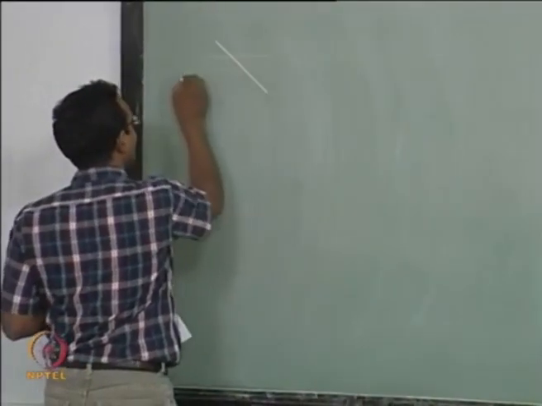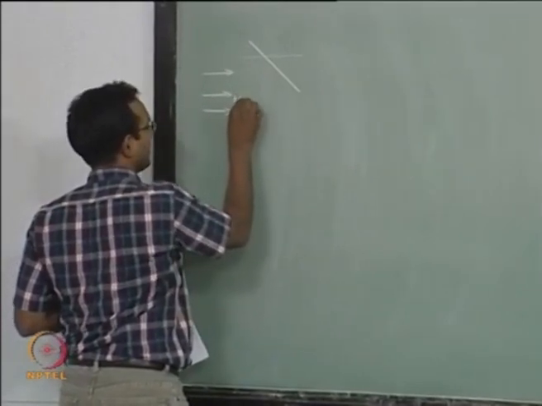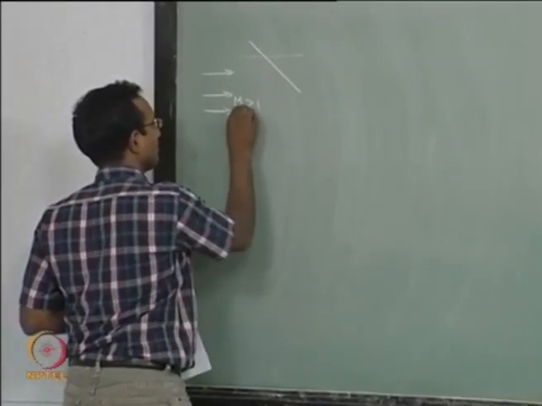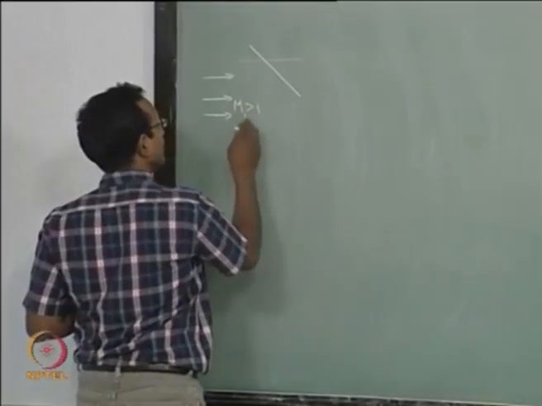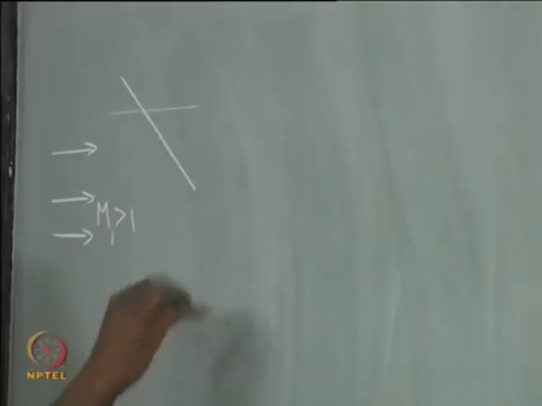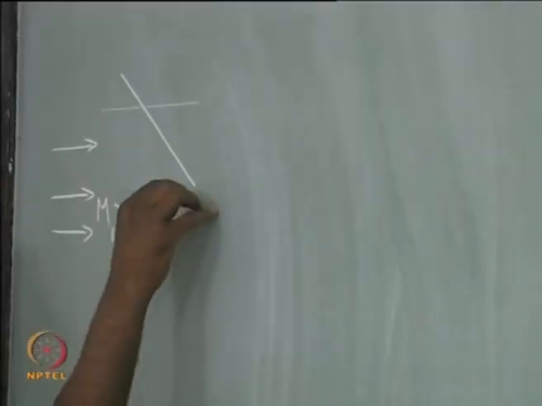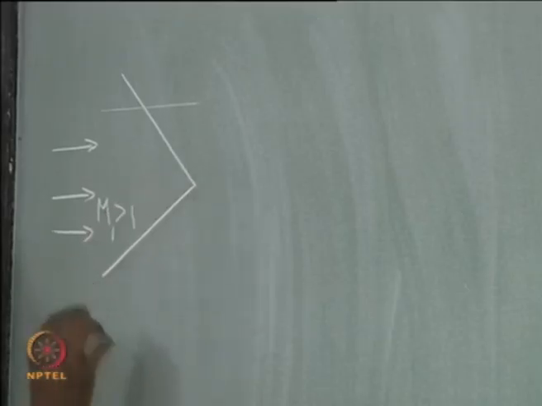Say in some flow field the flow is like this and the Mach number is supersonic, I will call it M1, greater than 1, and the oblique shock is like this. This is one oblique shock and I will have another oblique shock with some other angle.